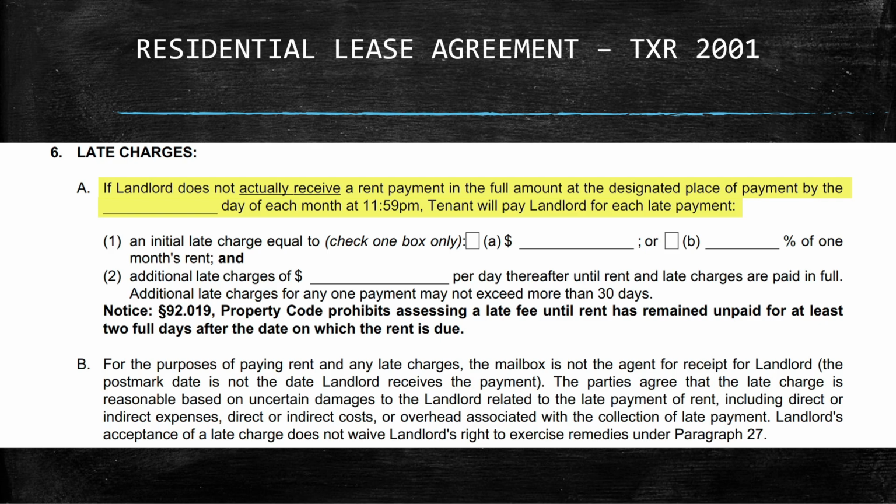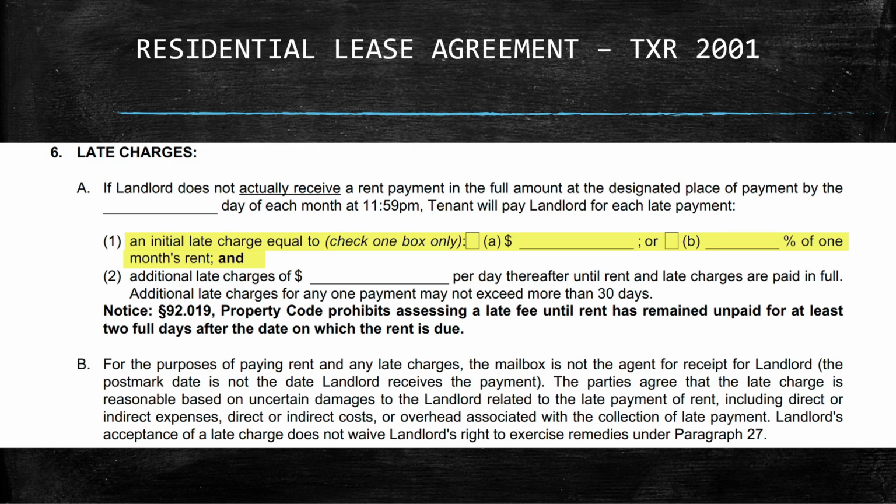We'll talk a little bit about what that number should be here in just a minute when we get down to the boldface section here. But first, let's talk about how we're going to calculate the late fee that the tenant is going to have to pay. So, if the landlord does not actually receive the full rent payment at the designated place by whatever day of the month, let's say it's the third day of each month at midnight, then there's going to be a late fee.